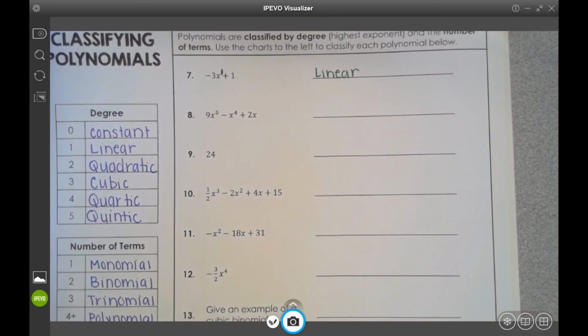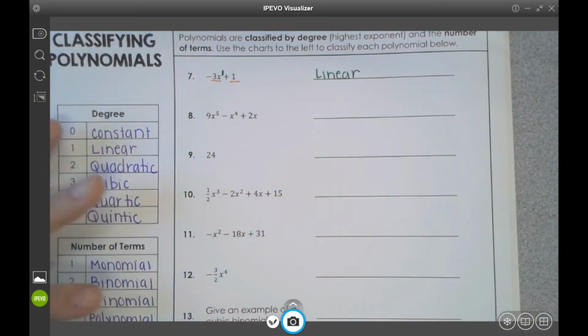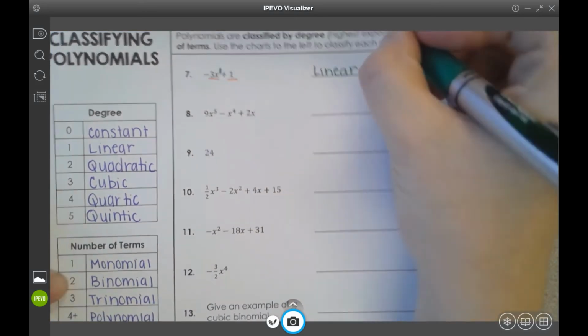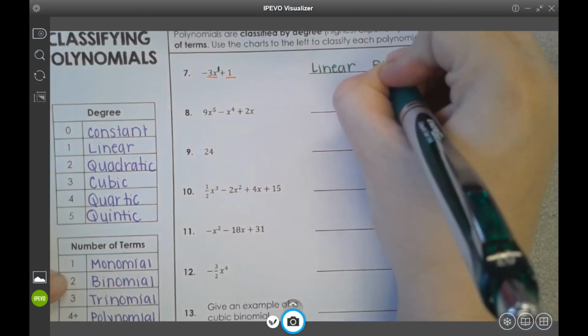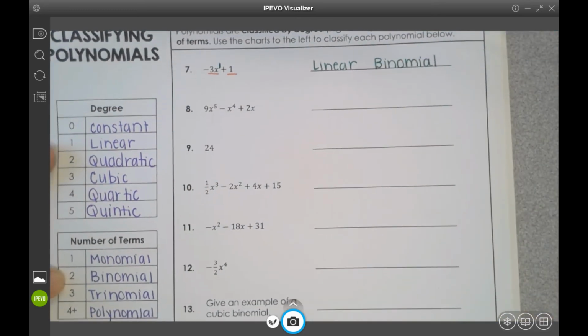And then it has 1, 2 terms. Every time you see a plus or a minus, that separates your terms. So 2 terms would be binomial. So it's a linear binomial.